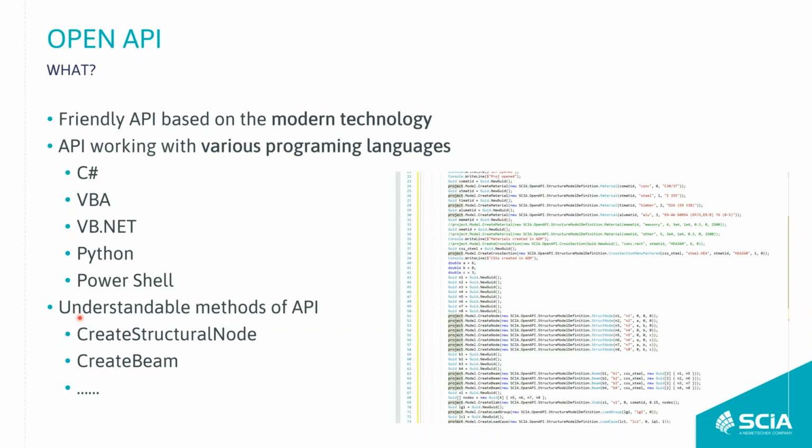So if I would like to create a node, let's say that the method should be called create structural node. Once I would like to link these nodes with the entity called beam, let's call the function create beam, etc.